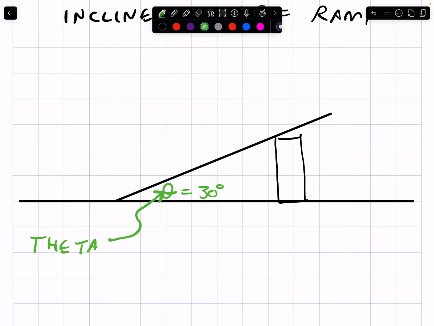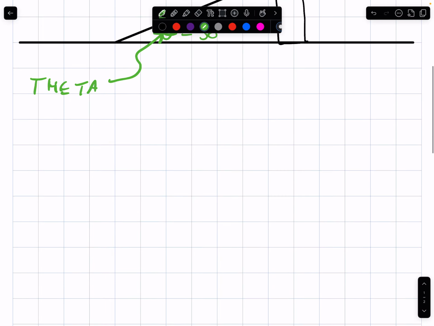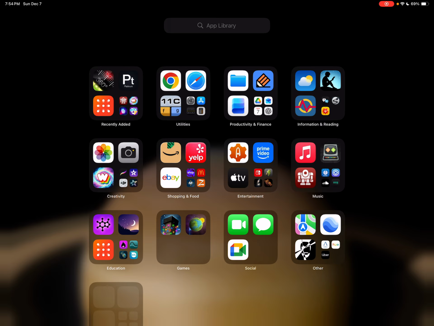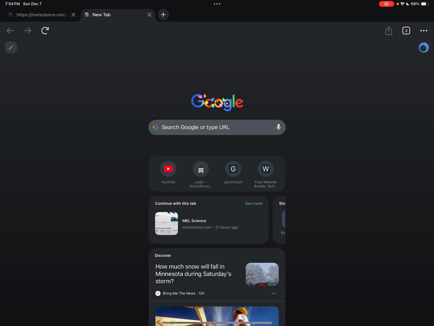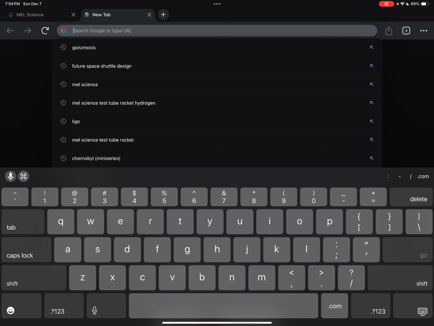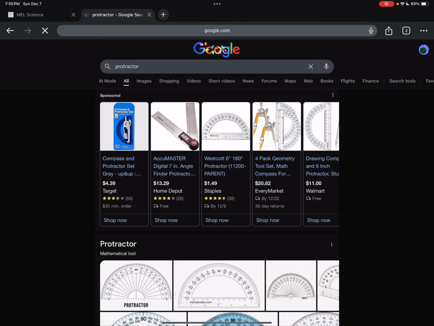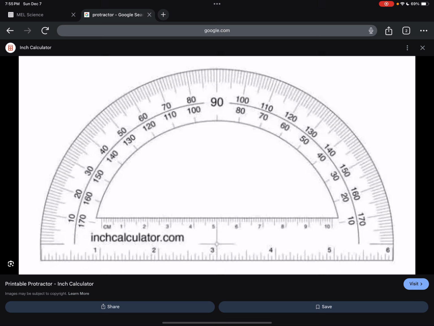Just to refresh you on what degrees mean, there's a thing called a protractor. Let me find one for you here real quick. There we go. So here's a protractor.